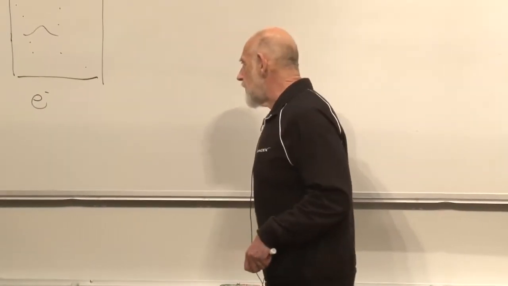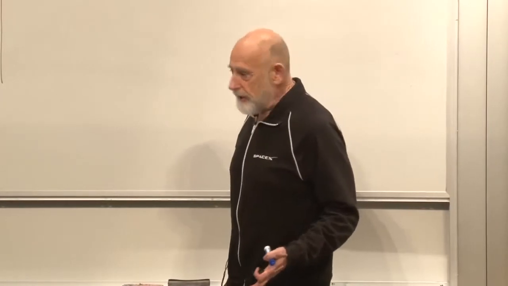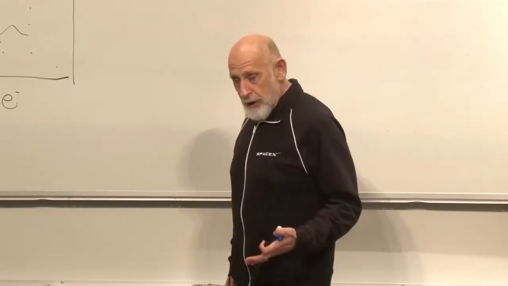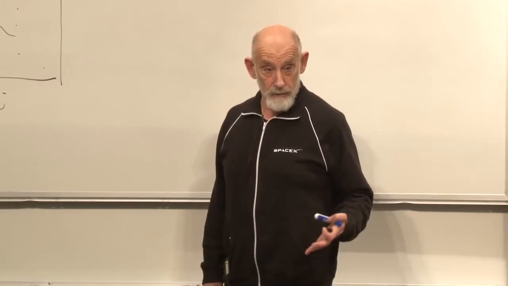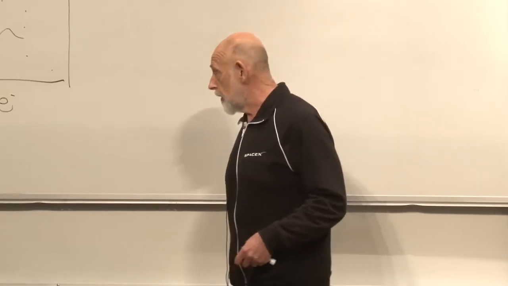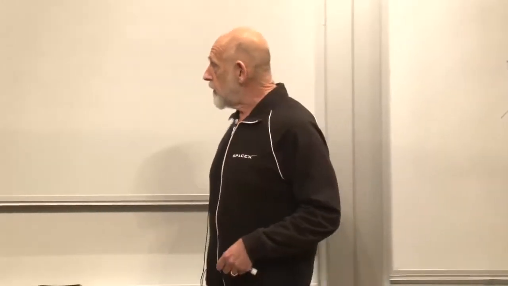So it's not just electrons. In addition to electrons, there are protons and other atomic nuclei with positive charge. Let's simplify it and just say there are photons in the box.